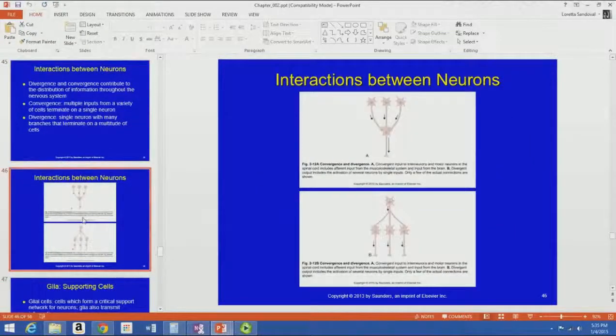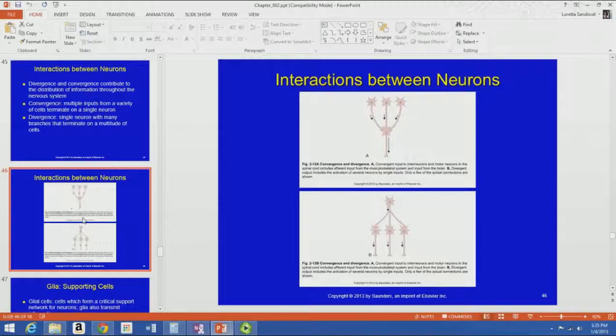There's a little diagram here, and of course this is figure 2.12 in the book. It shows convergence, where in the picture there are 3 different neurons synapsing on one little neuron, so all 3 of those are giving information to that one. In the second picture, it's divergent, where you have one neuron with 3 little branches diverging out to 3 separate neurons.